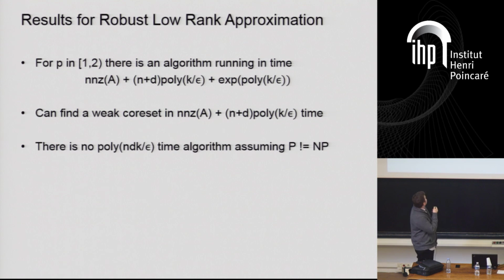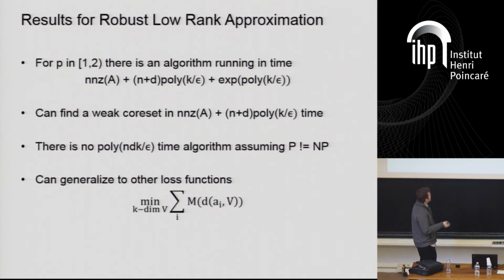And finally, we show that some kind of term like this is necessary because we showed the first NP hardness for p less than 2. Namely, there cannot be an algorithm which is polynomial in all of the parameters. And this construction is quite different than p greater than 2. It's a reduction from a different problem.